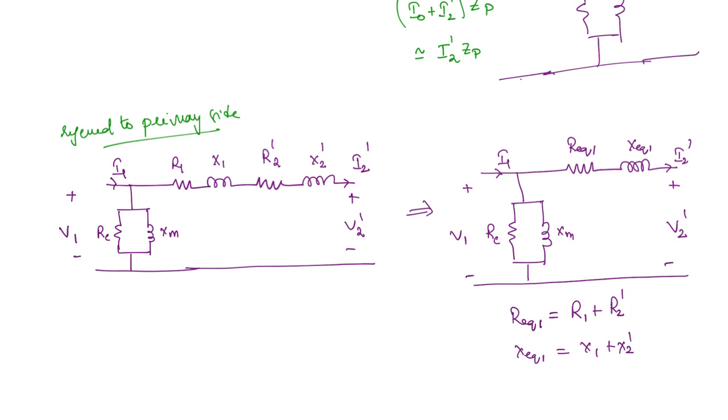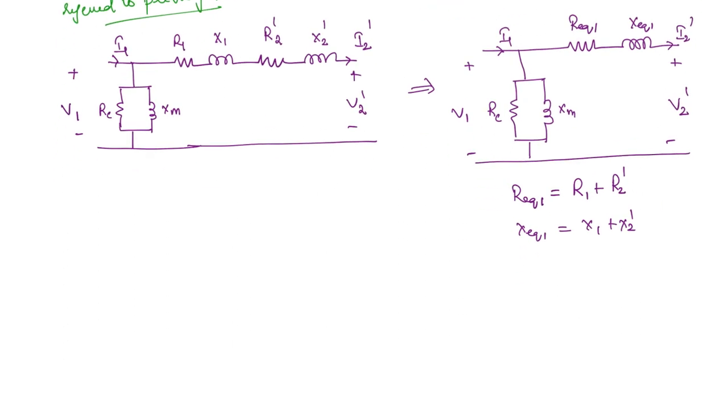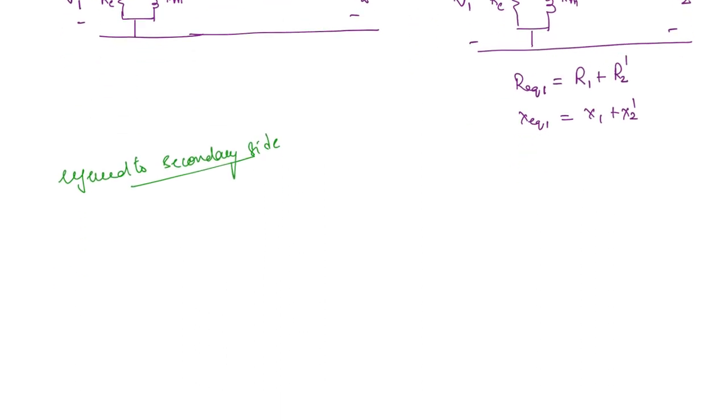Similarly, if you are referring to the secondary side, then you're going to get it like this. The structure will seem as it is, only the parameter values will change.